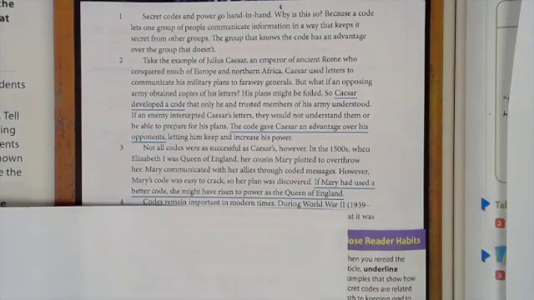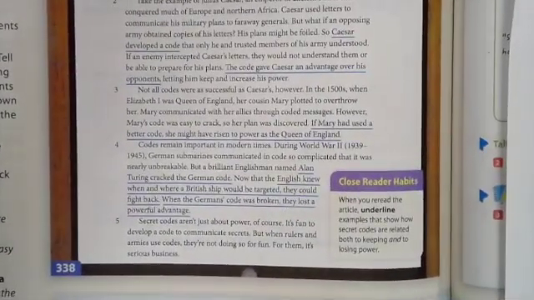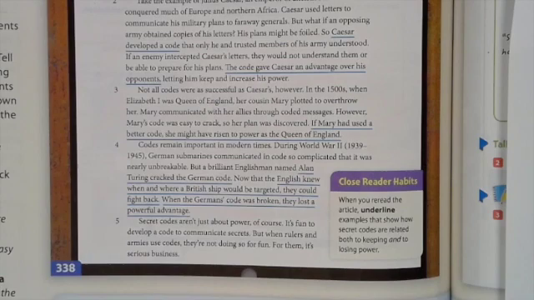And finally, in the last paragraph, or the last two paragraphs, codes remain important to modern times. During World War II, 1939 to 1945, German submarines communicated in code so complicated that it was nearly unbreakable.